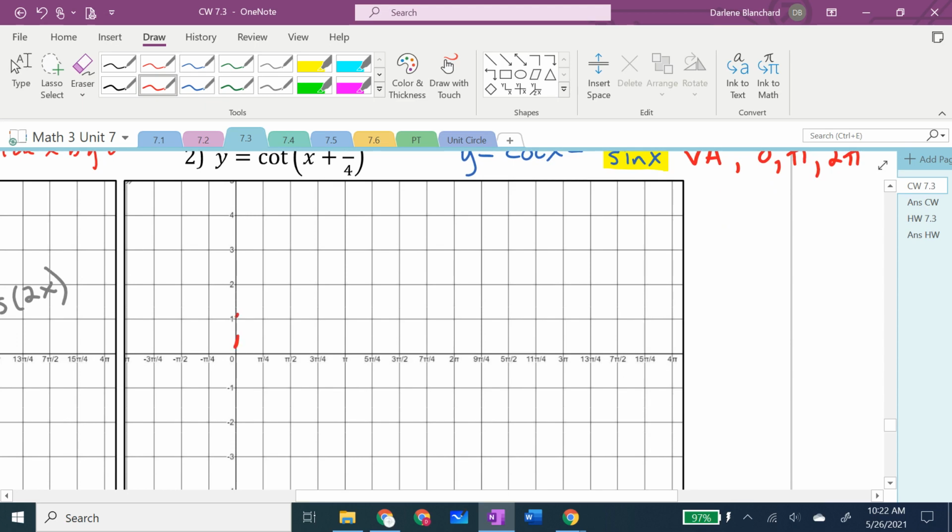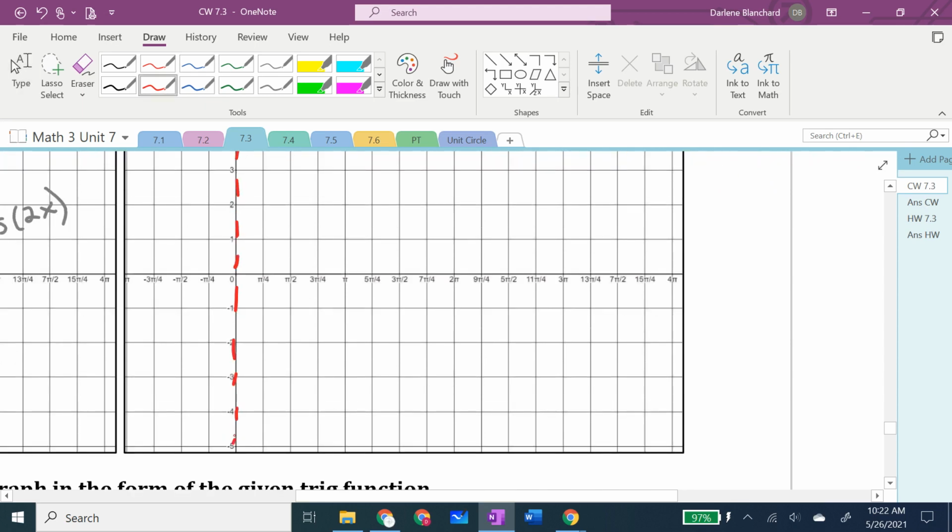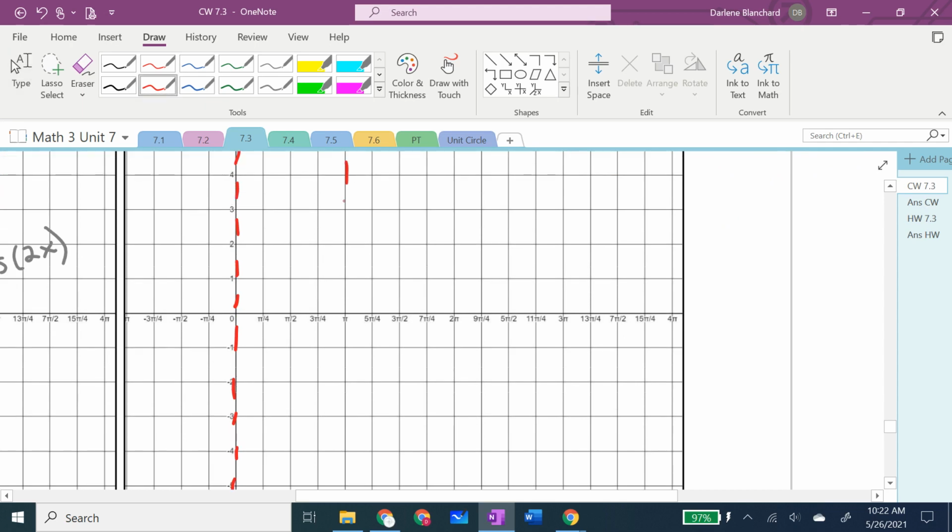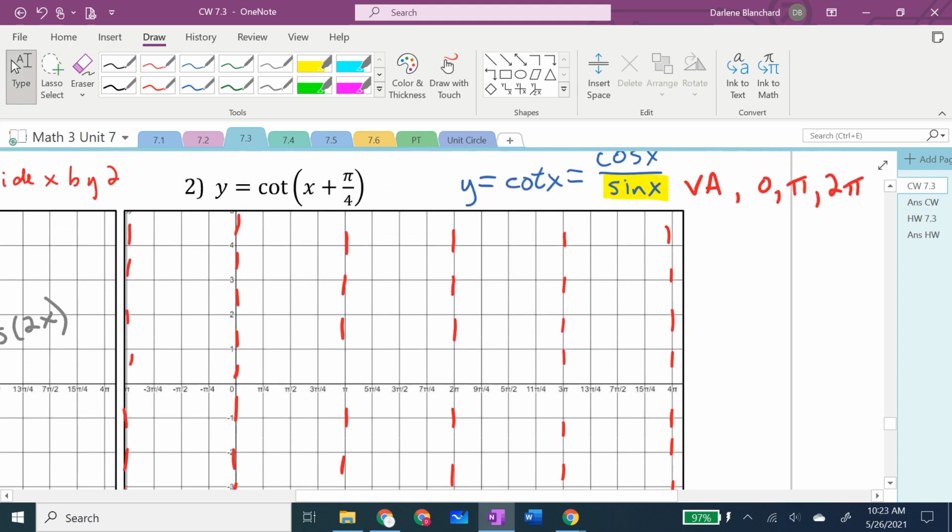So I'm going to draw vertical asymptotes. If you want to shift while you are doing this graph, you can. I'm just going to show this in a slower step-by-step manner.